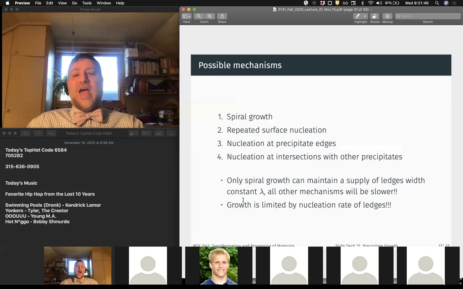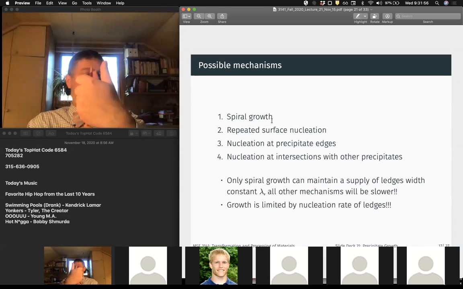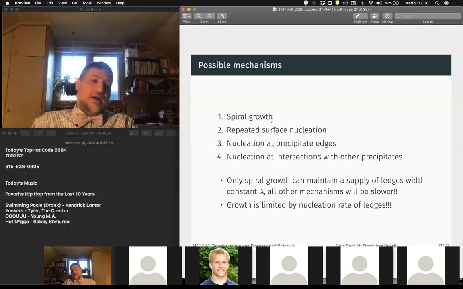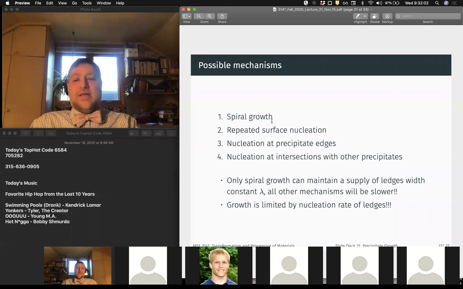Okay, so we have possible mechanisms to supply these ledges, right? We can do spiral growth, right? Remember spiral growth, we had a screw dislocation coming out of the surface and we just built up like a parking ramp, right? We have repeated surface nucleation, which we already said is very hard. Nucleation at precipitate edges or nucleation at intersections or interfaces with other precipitates, right?